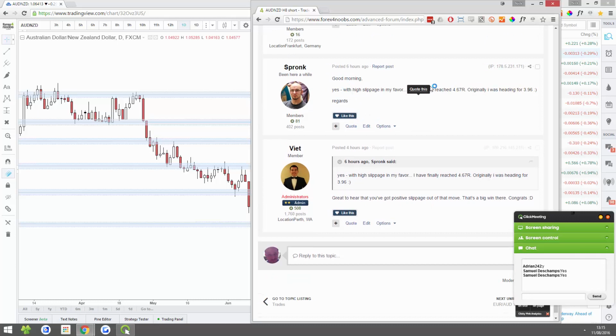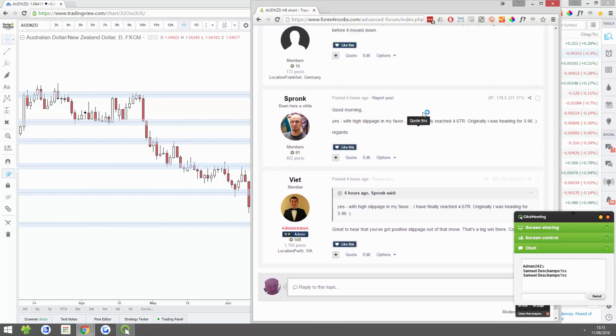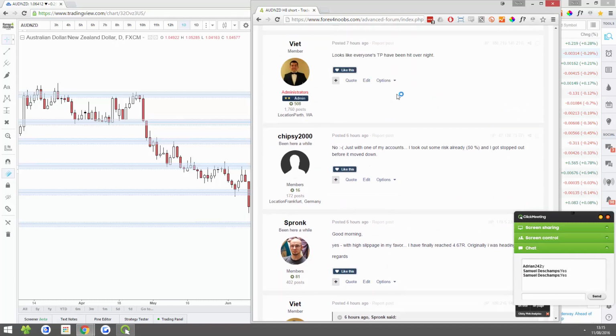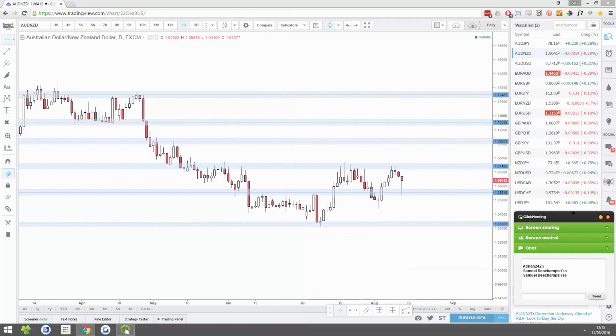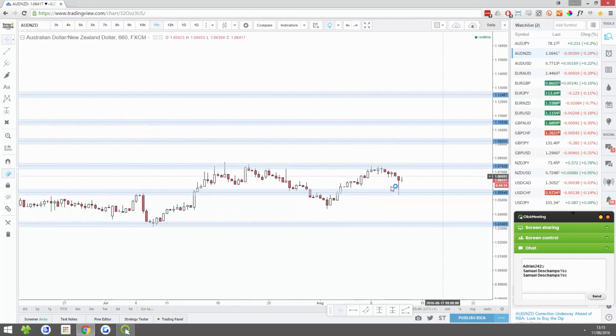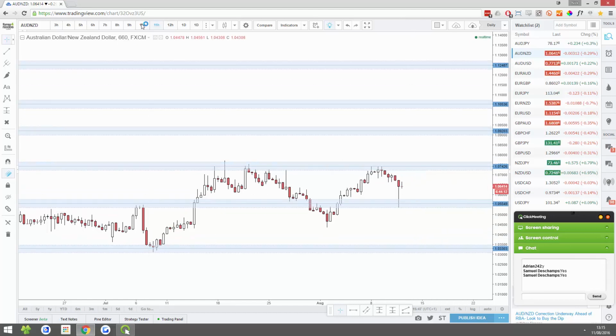Wow, 4.67. All right. Yeah, so it looks like this was a decent trade, but we're not going to see any actual setups here because, again, price is in between two support resistance areas.